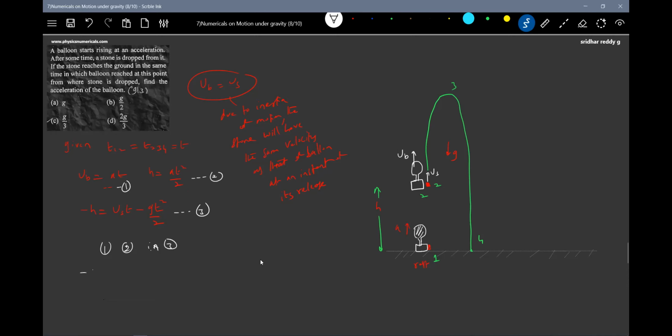So minus H, that is minus AT square by 2, equals US T, where US is equal to AT, minus GT square by 2. Minus AT square, so GT square by 2, moving this to LHS, GT square by 2 is equal to AT square plus AT square by 2.